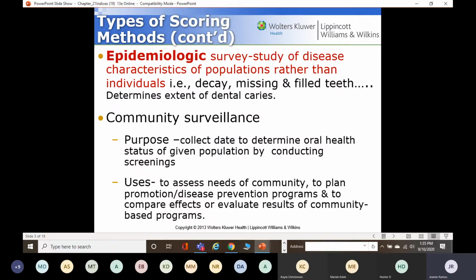They're a lot of fun, and you learn good stuff. So we do this to assess the needs of the community, or to plan a particular promotion or a disease prevention program, and also to compare the effects or evaluate results of community-based programs.